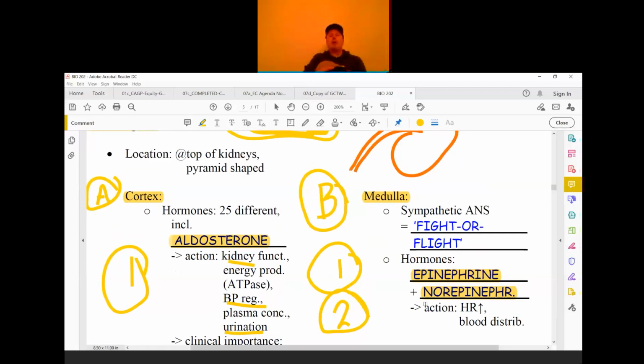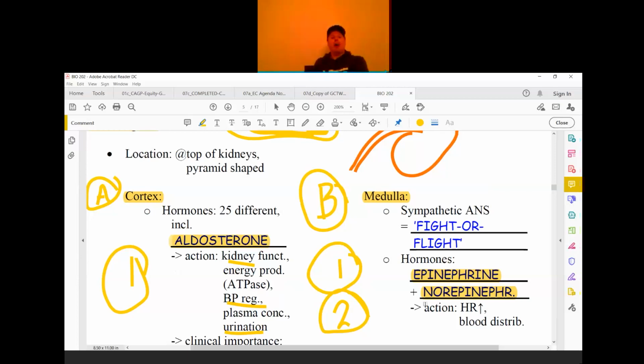So you remember when we talked about the autonomic nervous system, you had two branches. You had the sympathetic and parasympathetic branch. And the sympathetic branch was the fight or flight response. So when you are either fighting for your survival or you're doing the best you can to run away from that situation, epinephrine and norepinephrine are secreted when this branch of the autonomic nervous system is activated.